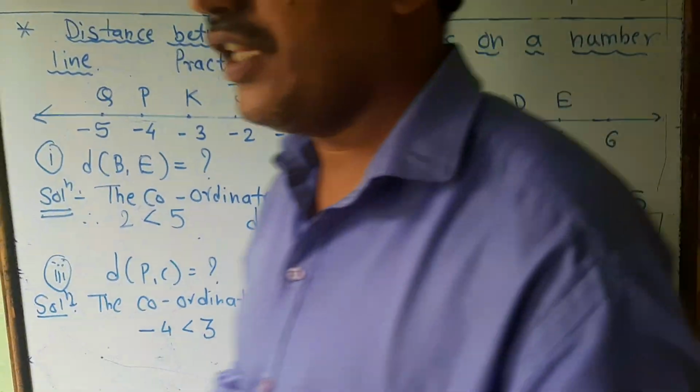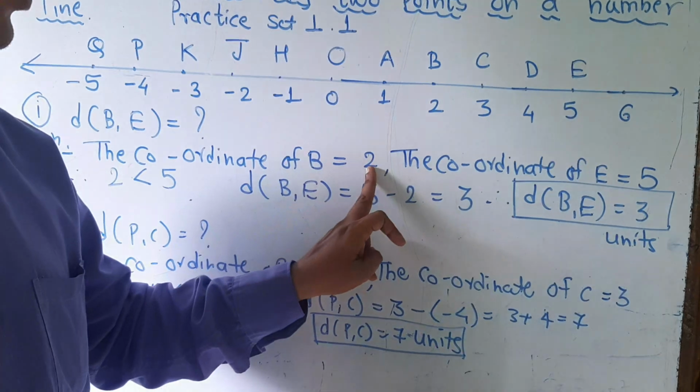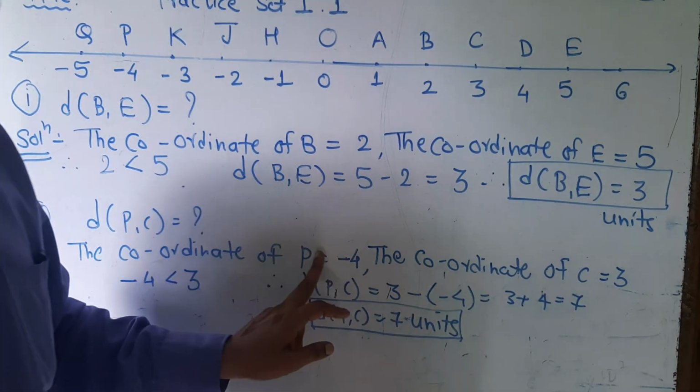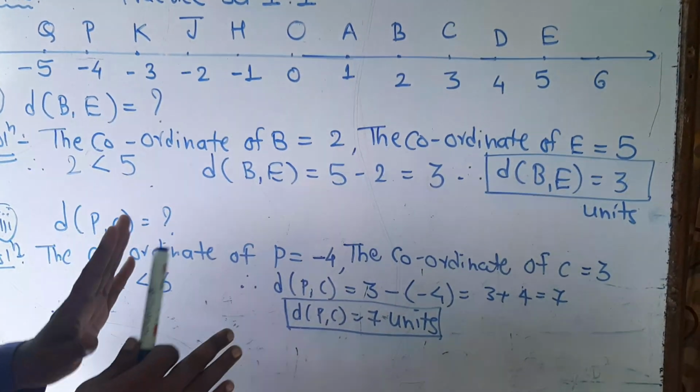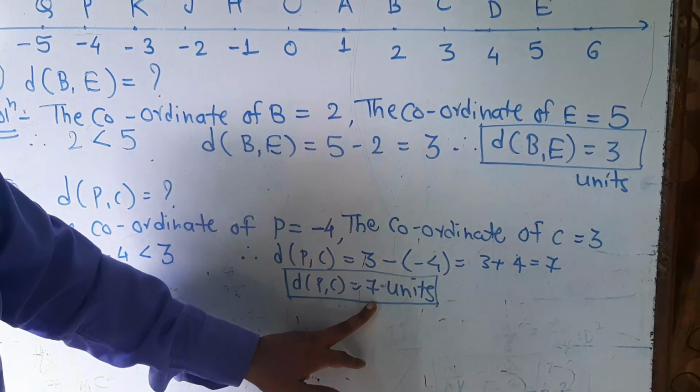You observe, students, in the first sum I took 2 points such that both coordinates are positive. And I took the second example such that one coordinate is negative and the other is positive. Even if one coordinate is negative and the other is positive, the distance cannot be negative. It is always positive.